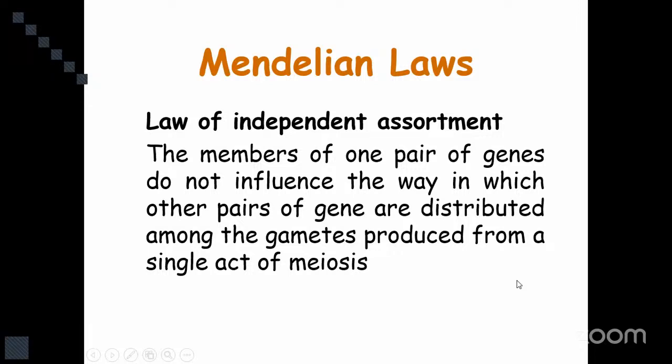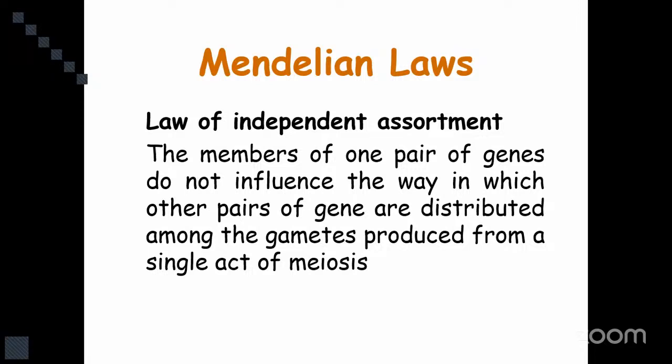Then, the law of independent assortment stipulates that members of one pair of genes do not influence the way in which other pairs of genes are distributed among the gametes produced from the single act of meiosis. Everybody will assort independently.